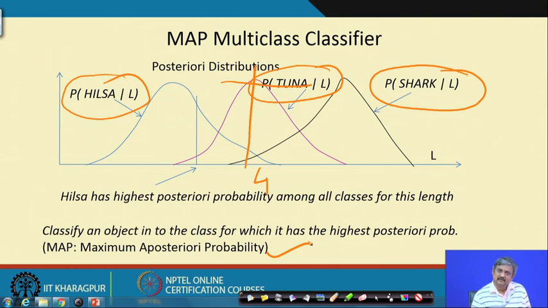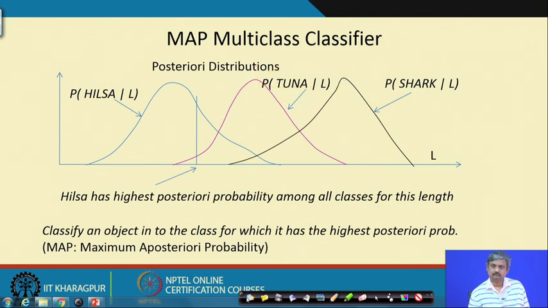For a new fish L1, classify it into the class which has the highest posterior for that value of L. Okay, MAP. Good. I think you have understood up to this.